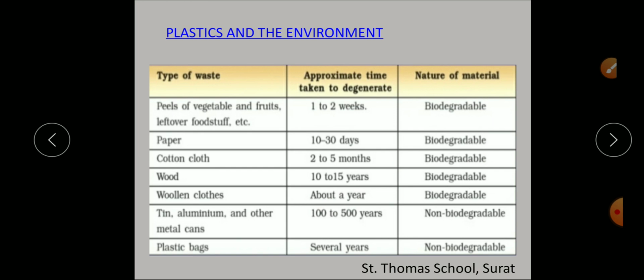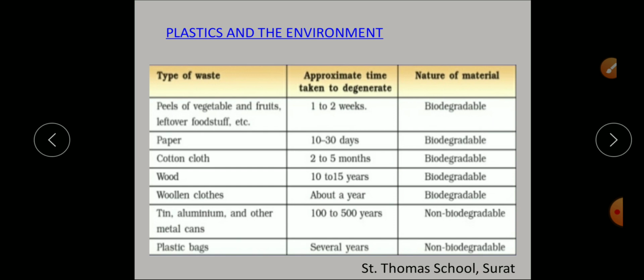Understood? Substances which do not decompose by natural processes are called non-biodegradable. Examples are plastic bags and metals, like tin, aluminum, and other metal cans. Some plastics take several years to decompose.